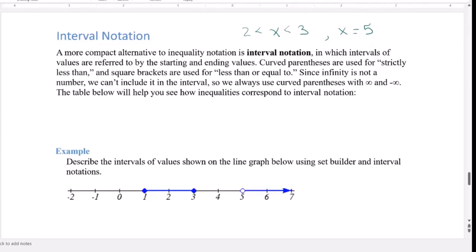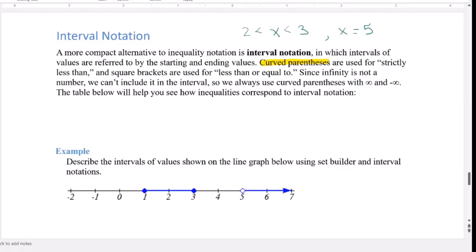So the curved parentheses, like I was explaining as we were going before, are used for basically strictly less than or greater than. Okay, so what does that mean? It means that all we really want to think about is what the beginning number is, what the end number is, and am I including the beginning or the end? That's the only way I'm changing my parentheses. It's curved.